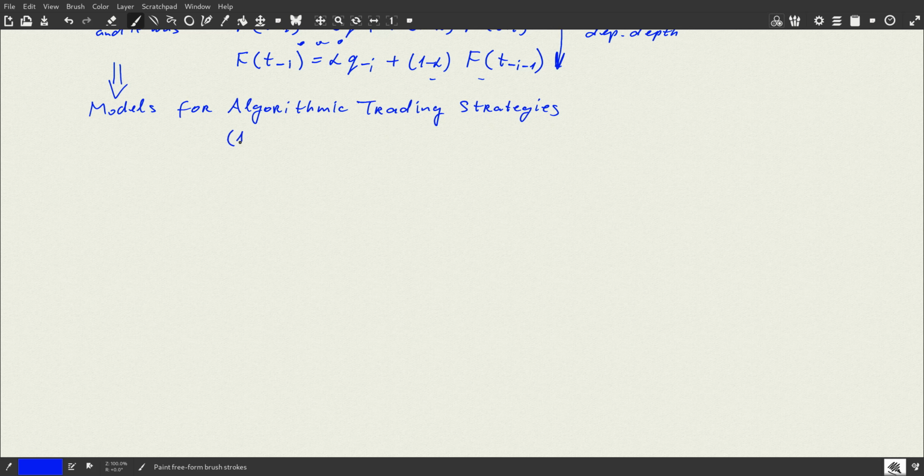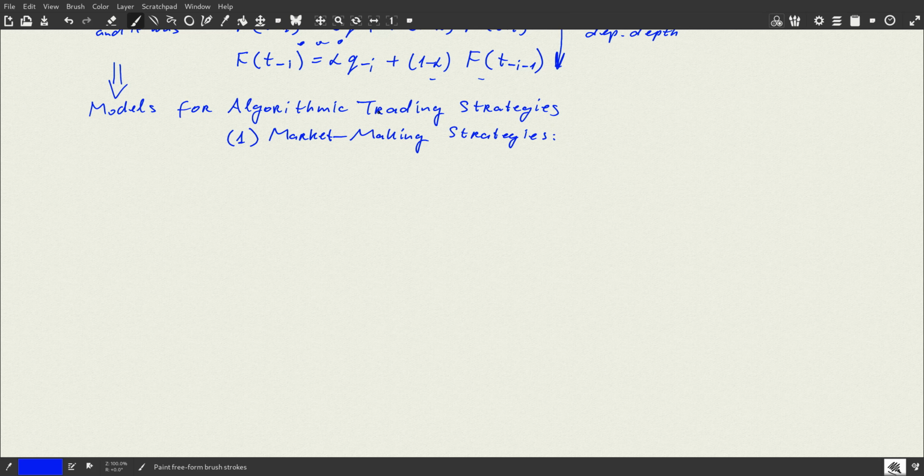So number one are market making strategies. You already know what it is, but we'll re-emphasize.